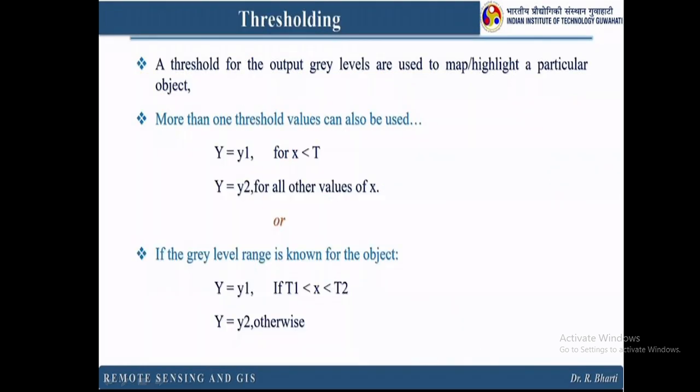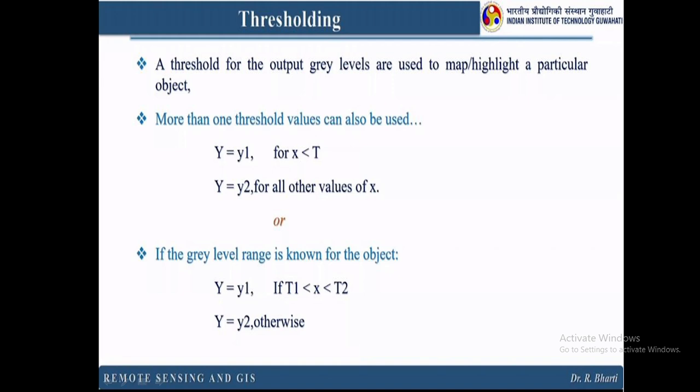Thresholding: a threshold for the output gray levels is used to map and highlight a particular object. More than one threshold value can also be used. Capital Y equals small y1 for x less than t, and capital Y equals small y2 for all other values of x.